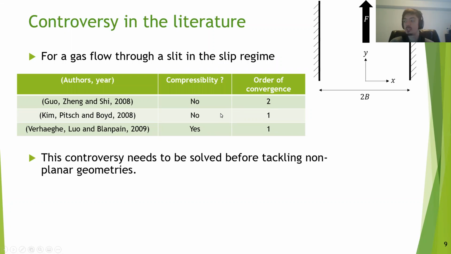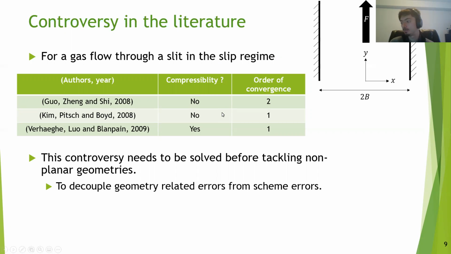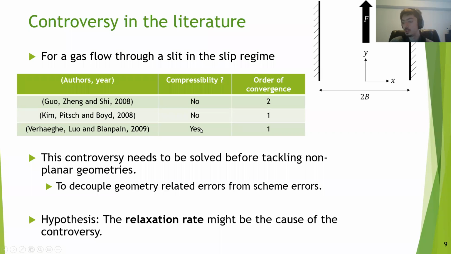We need to investigate this before tackling non-planar geometries, because sometimes there is degradation of the convergence order with non-planar geometries. So we need to decouple the geometry-related errors from scheme errors.